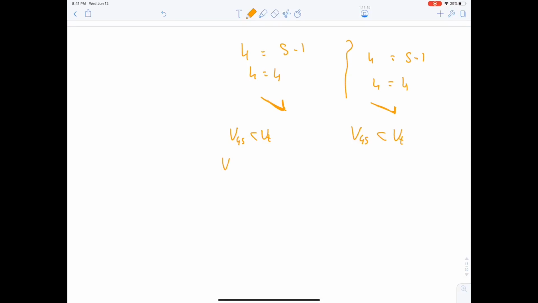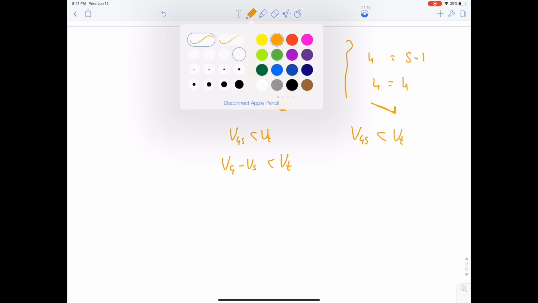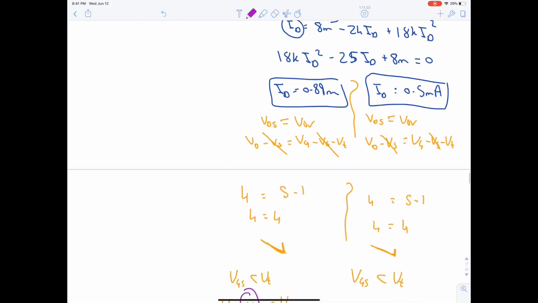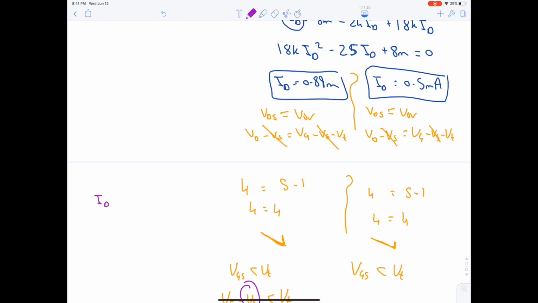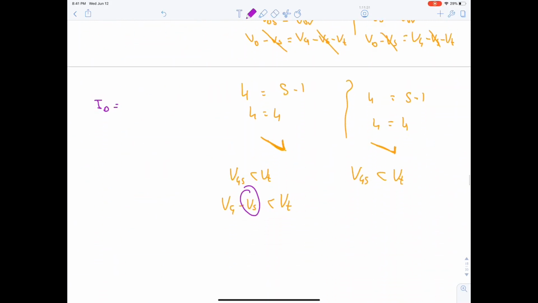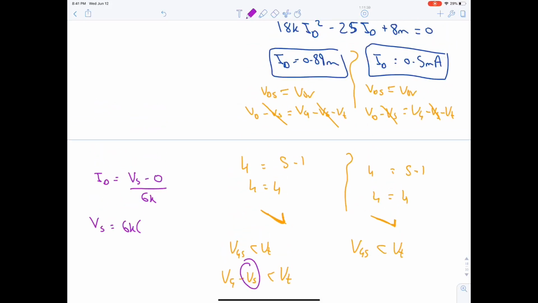So is VG minus VS less than VT? In order to solve this, we need VS. How can we find VS? Through ID, because ID is equal to VS minus 0 over 6k, Ohm's law. So VS is equal to 6k multiplied by 0.89 milli.